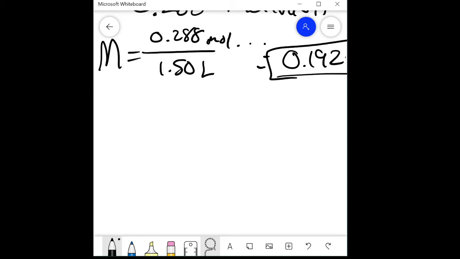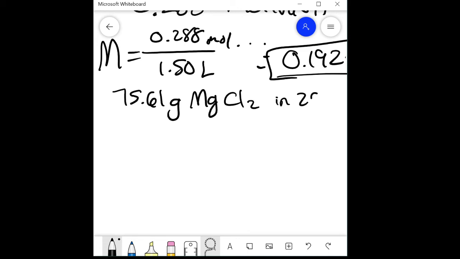What is the concentration of each ion for a solution when you have 75.61 grams of magnesium chloride, and it's dissolved in 25 milliliters of water. So you don't have to write the balanced equation for these, where it breaks into its ions, but it might be helpful, just to see how many ions you would have.